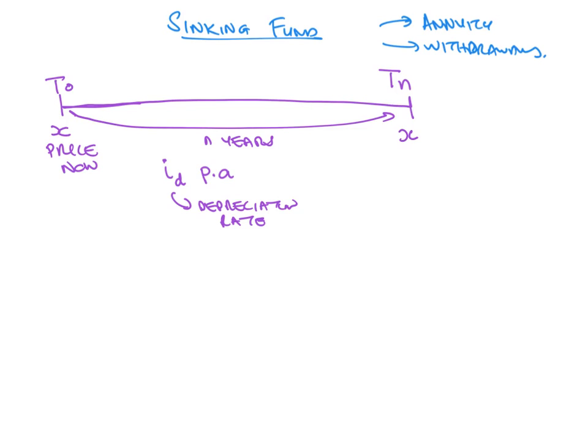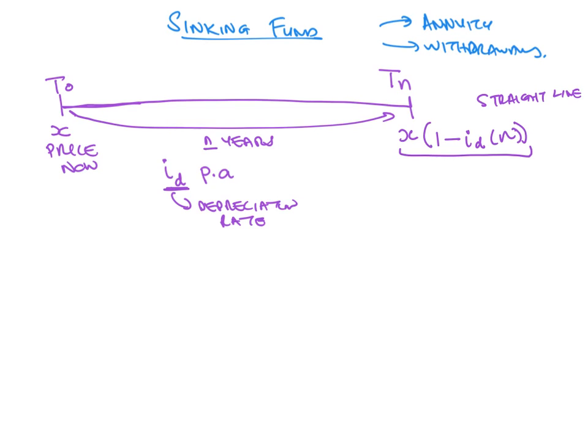Okay, and after n years, the value of this machine will depreciate at this rate until it reaches some value here at Tn. Now, we can look at depreciation in terms of simple depreciation. If it's simple depreciation, then the rate is 1 minus the depreciation rate multiplied by the time period, and that is what the value of my machine will be if it is straight line depreciation.